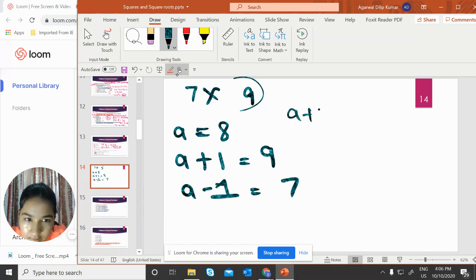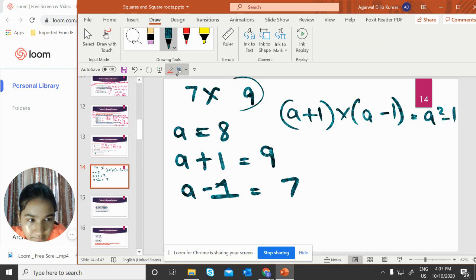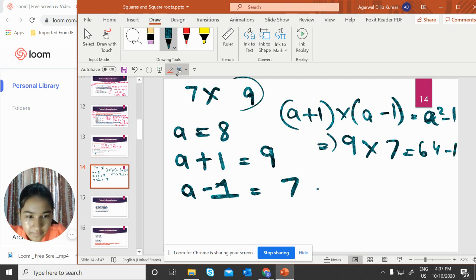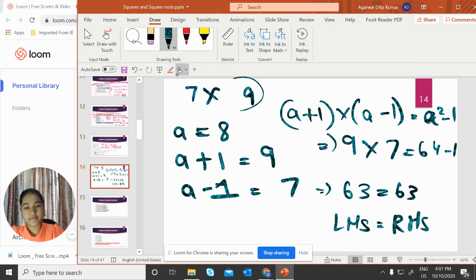So a plus 1 into a minus 1 is equal to a square minus 1. That implies 9 into 7 is equal to 8 square minus 1. What is going to be 8 square? 64 minus 1. 63 is equal to 63. LHS equals RHS. So that's the pattern.